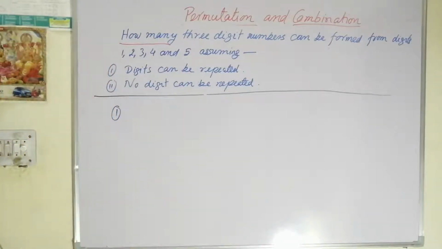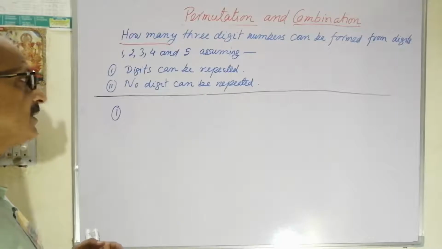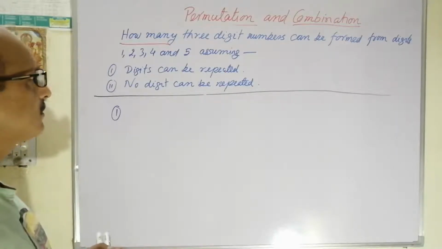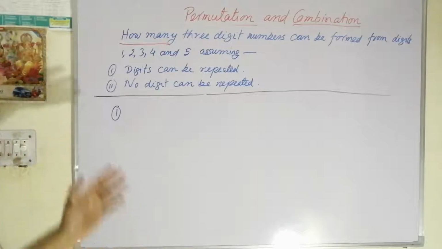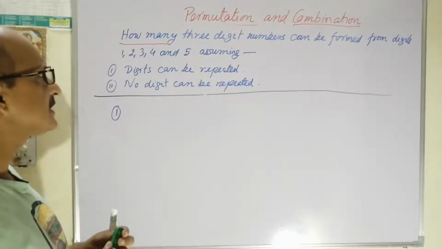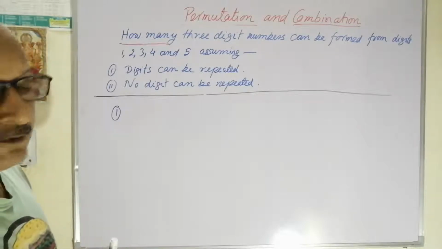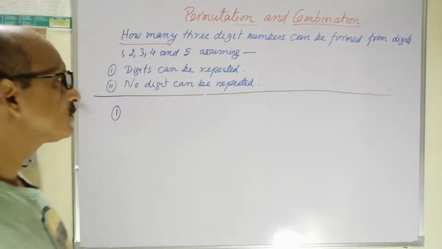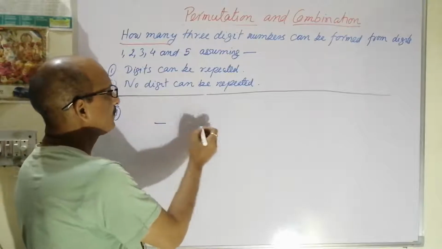Let's see how many 3-digit numbers can be formed from digits 1, 2, 3, 4 and 5, assuming number 1, digits can be repeated; number 2, digits cannot be repeated. Now let's see, when digits can be repeated, we have to frame here 3-digit numbers. So just get 3 places.